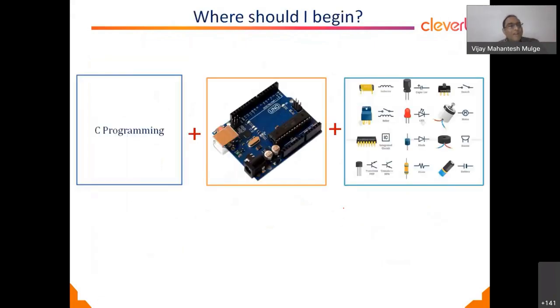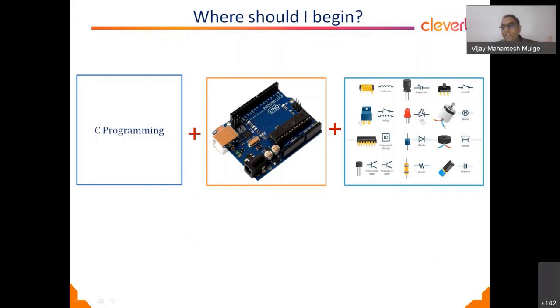Now, coming back to the objective of this session, where should I begin? How would I start learning embedded systems? It is simple. Start working on C programming, which is a good language to begin with. Then these days we have simple microcontrollers available at very low cost, one such being the Arduino board.